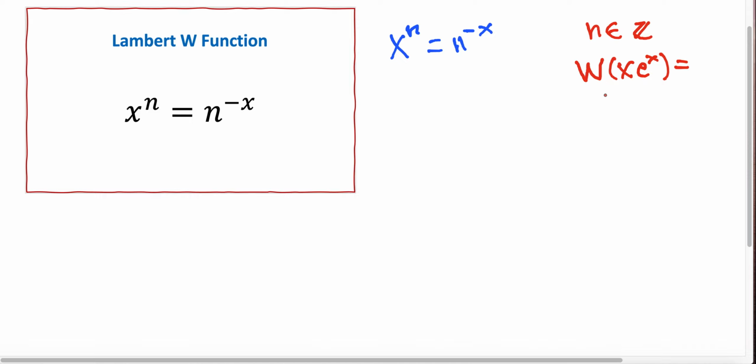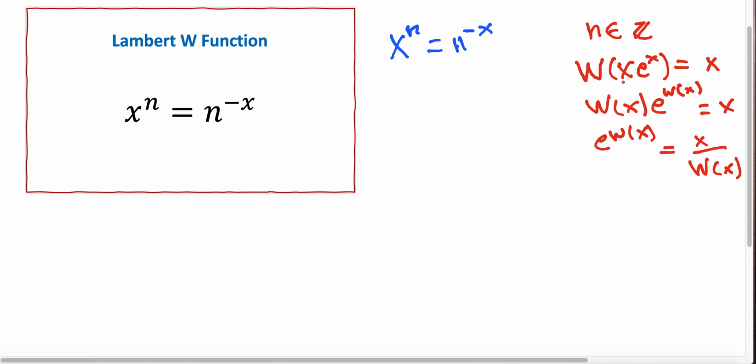So I need this criterion. And the other is e to the power W of x, so this was equal to x. I forgot to write that. And from the second criterion, if we want to solve in terms of e to the power W of x, we have e to the power W of x is equal to x divided by W of x. So I needed these three criteria in order to solve the Lambert equation.